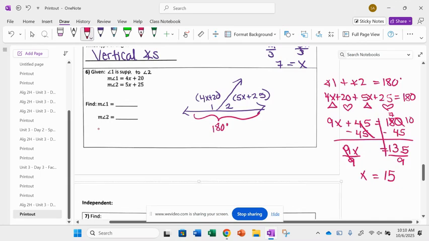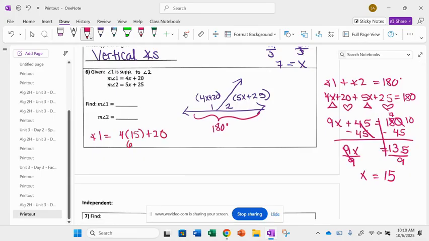So it says find angle 1. Well, angle 1 is going to be 4 times 15 plus 20, which is 60 plus 20. So that's 80. And angle 2 is going to be 5 times 15 plus 25, which is 75 plus 25. That is 100.